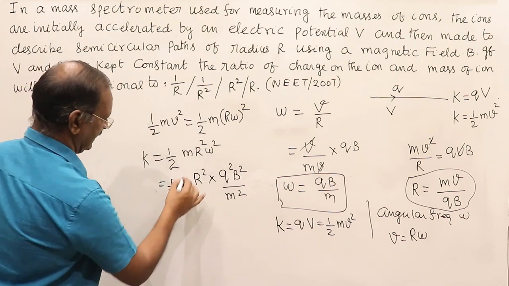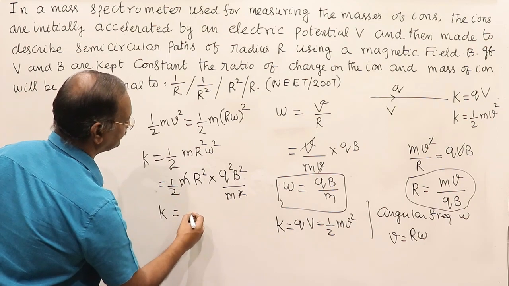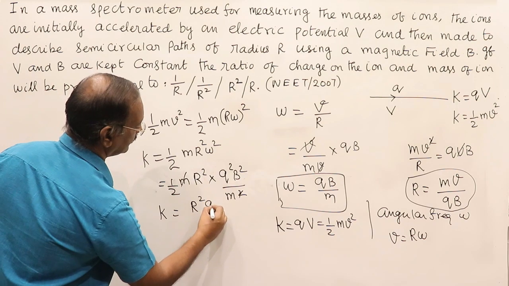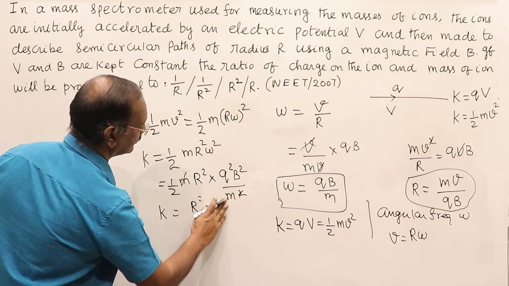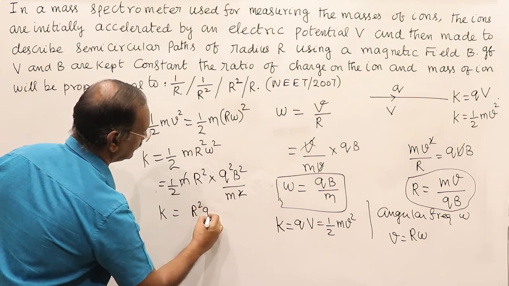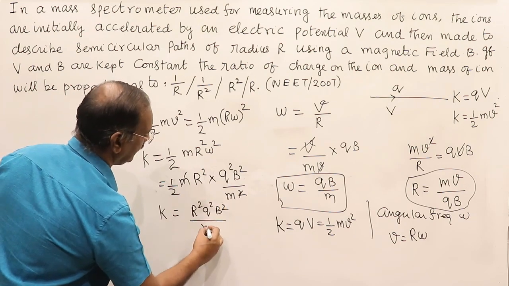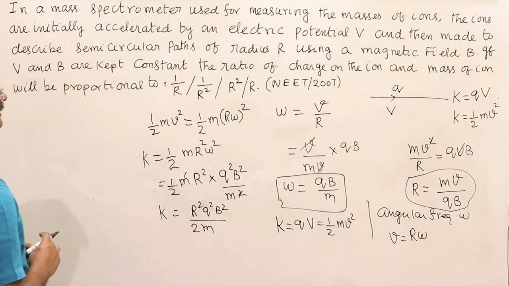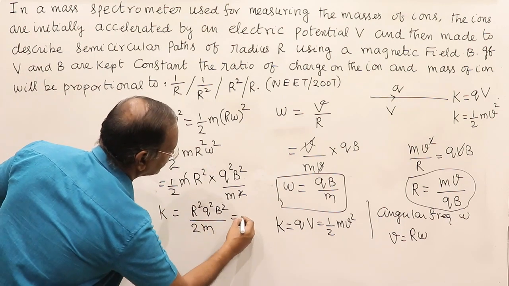So we can cancel this and this. Therefore kinetic energy is equal to r square q square B square divided by 2 m. This is the expression for the kinetic energy.